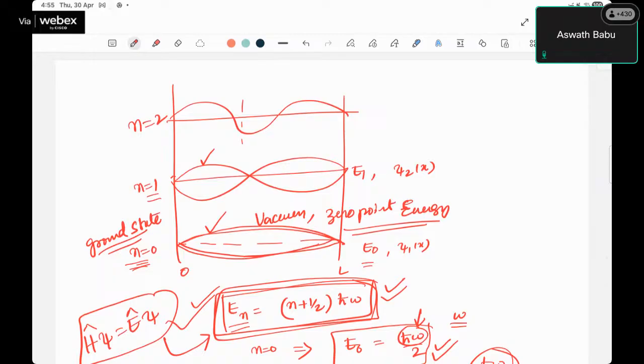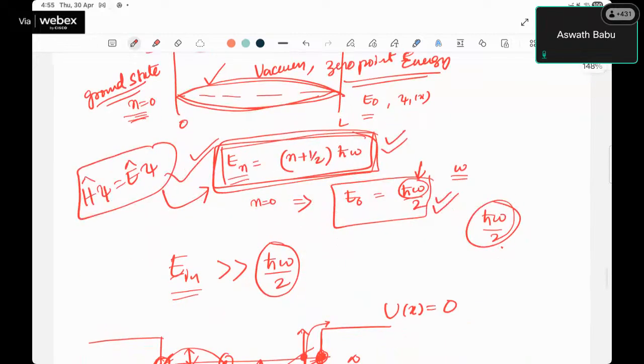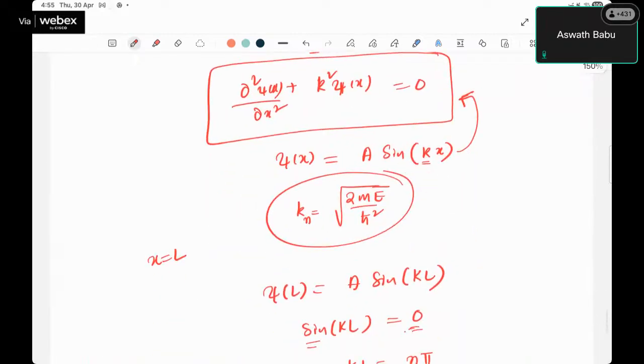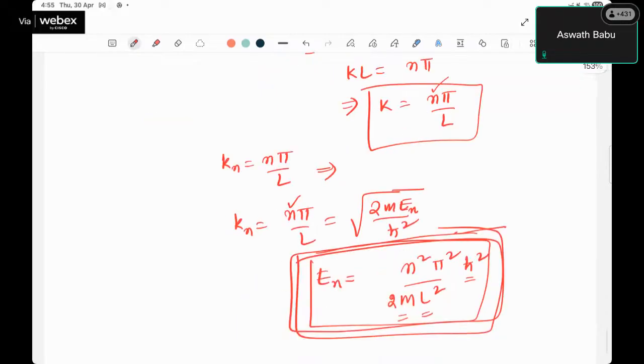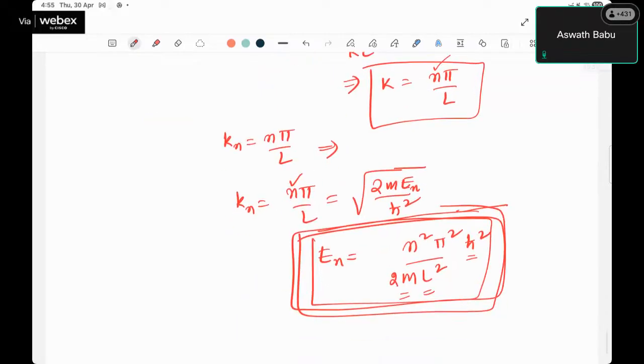Earlier, thank you Sudeepji, you asked why we took energy equal to n plus half h bar omega. This is a different potential. In the different potential case, here I solved the system in what is called a semi-classical way.